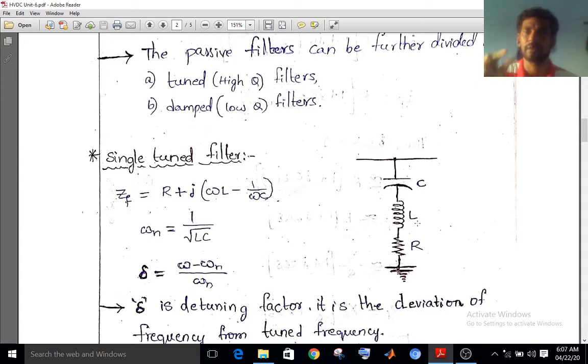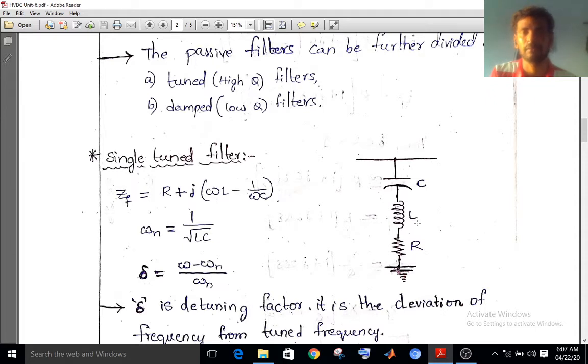For that particular harmonic frequency, the filter will provide a low impedance path, so that the harmonic component will be grounded through the filter. The filter provides a low resistance path for the particular harmonic frequency component for which it was tuned.